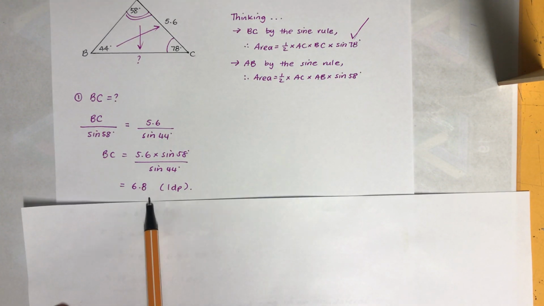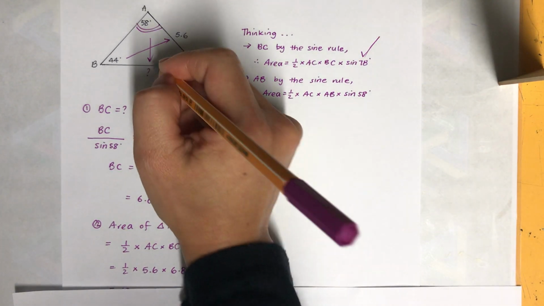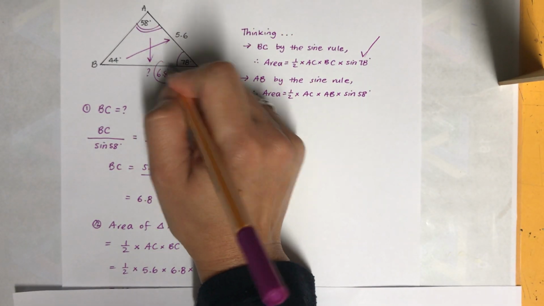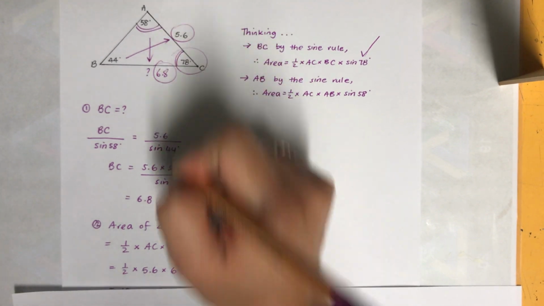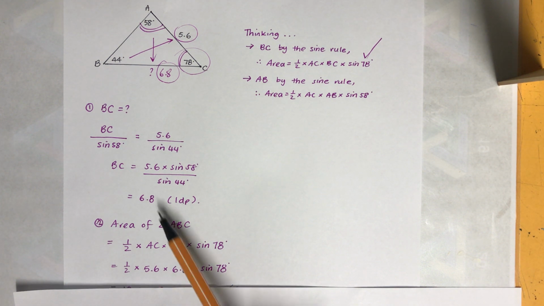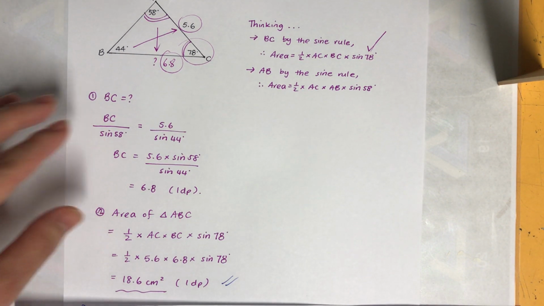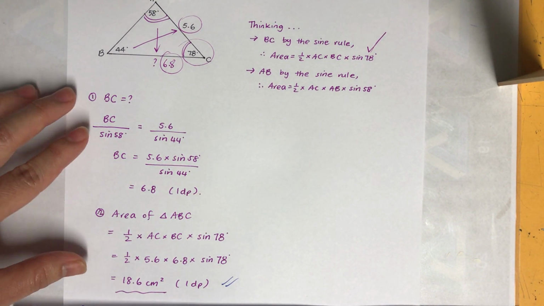I'll get 6.8. And then the area, so I'm going to put 6.8. I've got all three that I need. Half times AC times BC times sine 78, which AC was 5.6, and the BC is 6.8, and sine 78, I will get 18.6 centimeters squared.